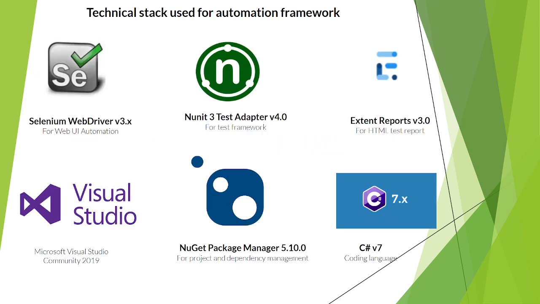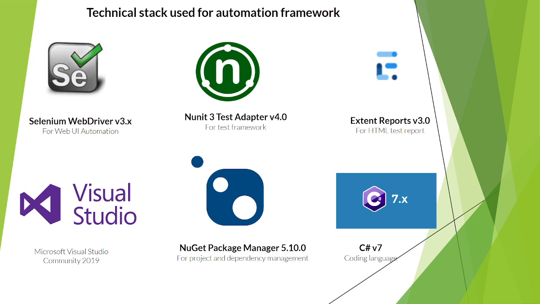Now, to do C Sharp Selenium automation, you will need a basic technical stack. One is Selenium WebDriver if you want to do web automation, and the NUnit 3 test adapter for creating a test framework, something you normally use TestNG or JUnit for in Java. For generating your HTML test reports, you need Extent Reports, and definitely you need the C Sharp coding language.